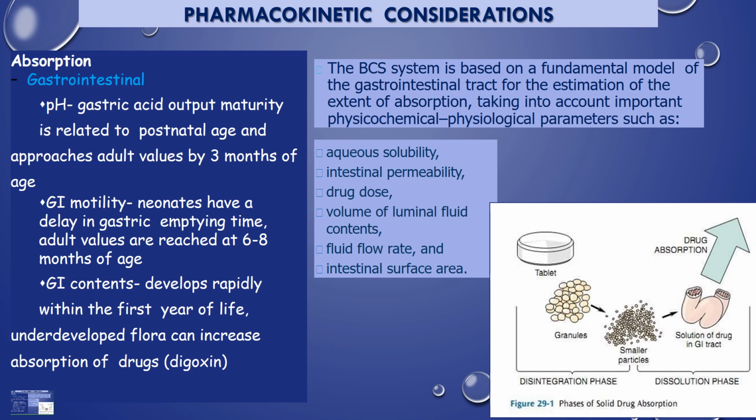Weakly acidic drugs like phenytoin, phenobarbital, and acetaminophen are best absorbed in their non-ionized form. In neonates or infants' alkaline gastric environment, these drug molecules generally remain unprotonated, decreasing absorption and subsequent therapeutic effect. The opposite holds true for weakly basic drugs like ampicillin and naphthalene.